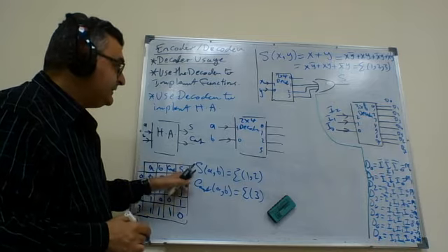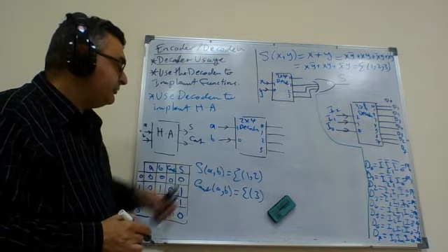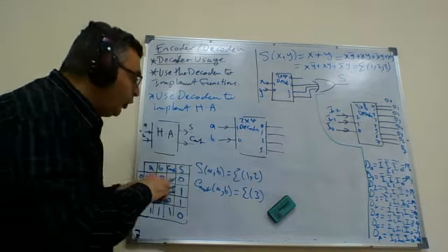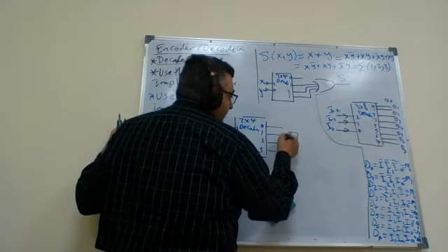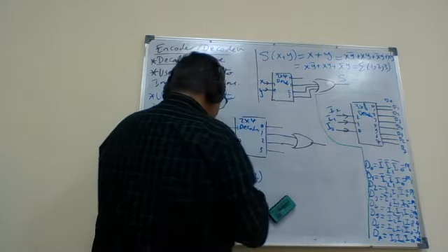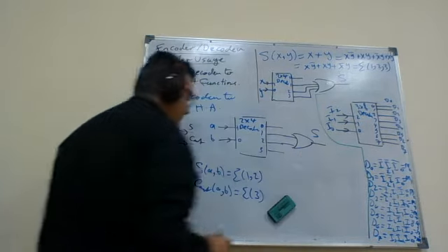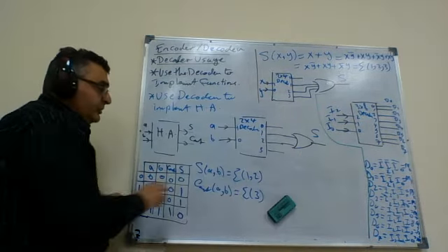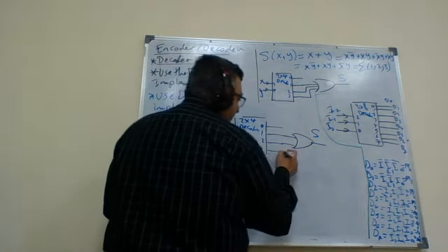Now, for S, how can I get S out of this decoder? I have to OR the min terms 1 and 2 to give me the output S. Now what about C out? C out is simply this.